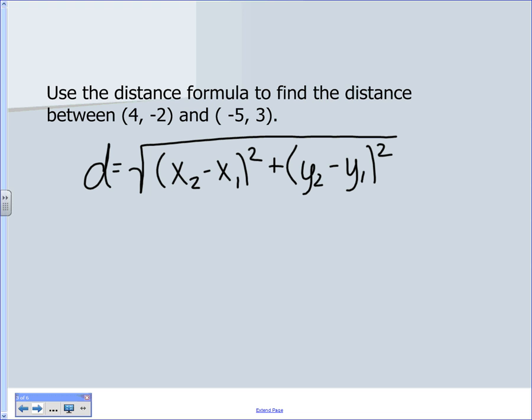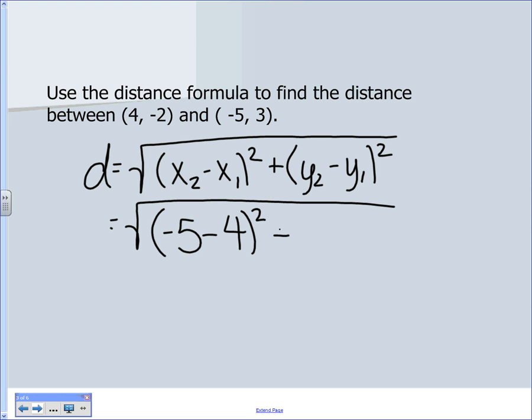Okay. So what is my x2? Minus what? Any questions so far? Okay, what is my y2? Minus what? Okay, make it a +2. Any questions on that part?